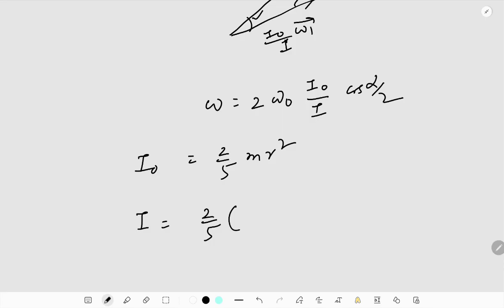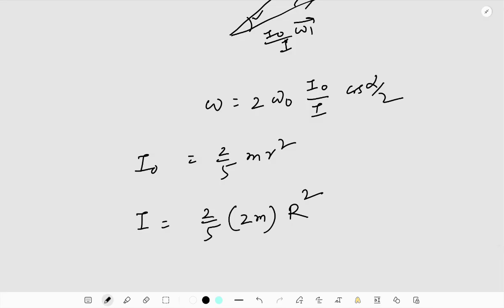This is the third body formed after merging of both bodies, so its mass will become 2m, and supposing its radius is R, you can write its moment of inertia in this manner.